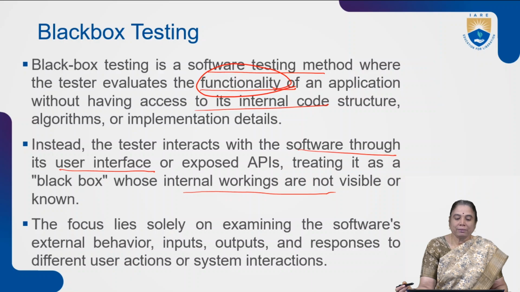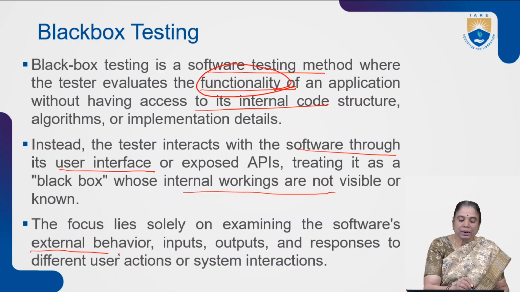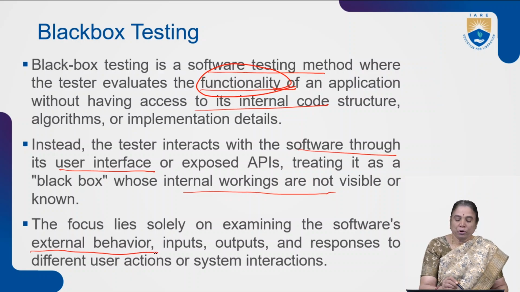Only the APIs or user interfaces are focused on. The focus lies solely on examining the software's external behavior; input, output, and responses to different user actions or system interactions are considered.